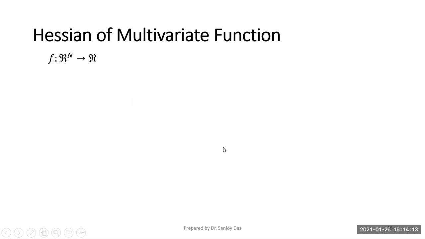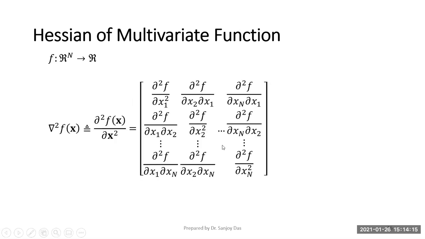Hessian. Hessian is like the second derivative. This is the definition of the Hessian of a matrix. All of these are second derivatives with respect to all the scalar components of vector x. The second derivative, del square f over del x1 squared, del square f over del x2 del x1, all the way until del square f over del xn del x1.